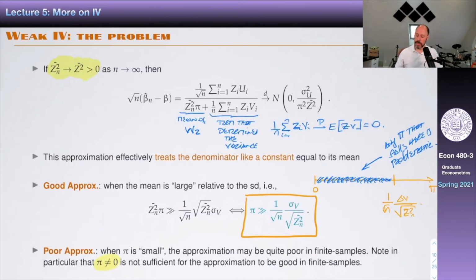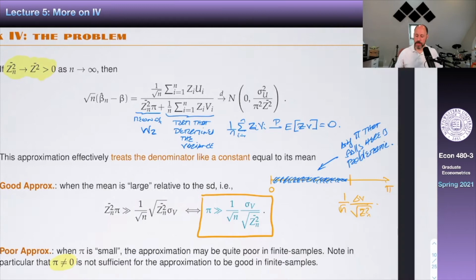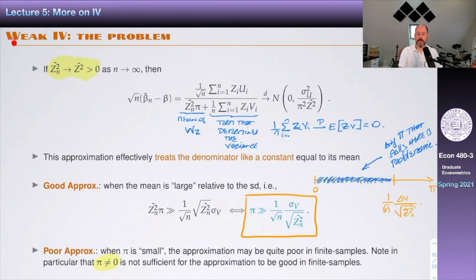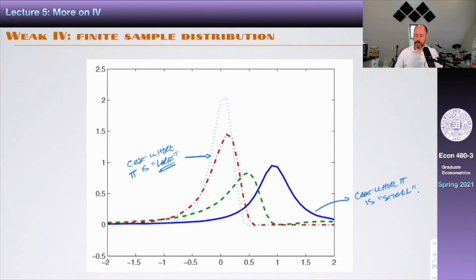Well, not really, because if you just look at this thing over here, you're going to see that for any sample size, there's always going to be some area that is going to be problematic, and what is problematic depends on your sample size. But problematic is always possible. So it's always possible, for any sample size, to have some DGP that could be problematic. And those are the DGPs that we're going to label as weak instruments. All right.